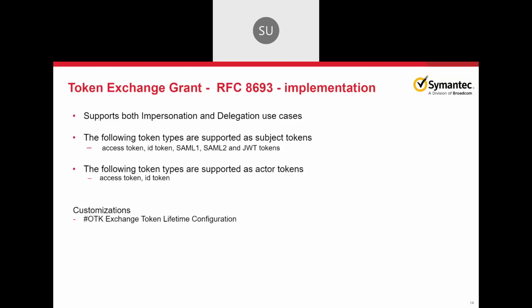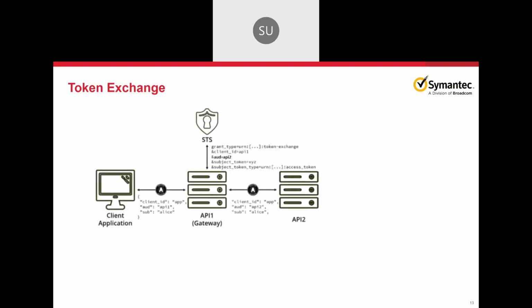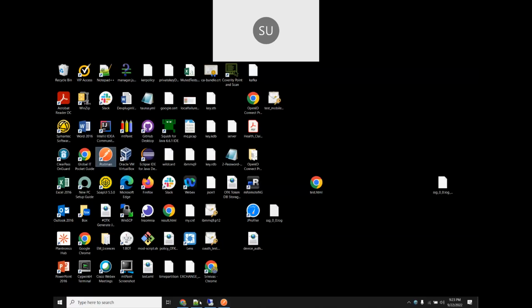I will show the same example that I explained in this diagram, where I have configured two gateways. The first gateway is acting as authorization server as well as resource server, and API 1 is deployed on the first gateway. There is another gateway which is acting as a resource server, and it has API 2.